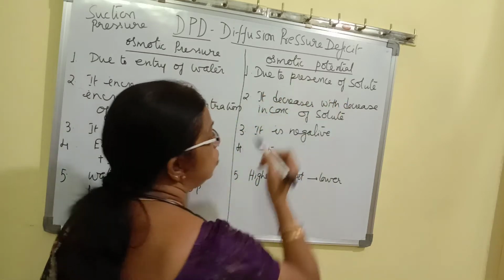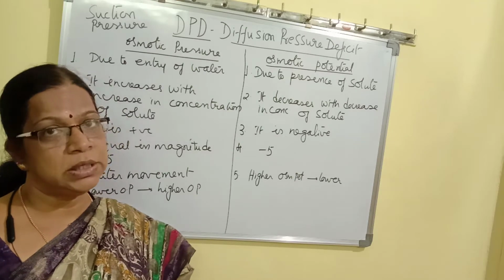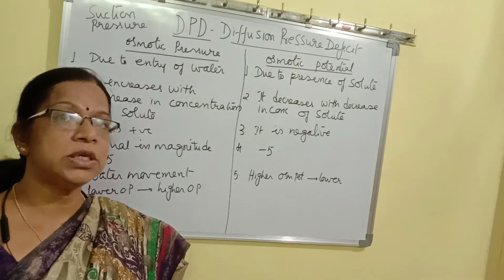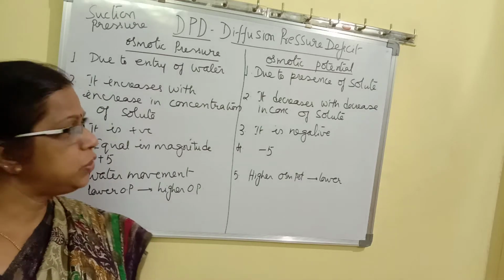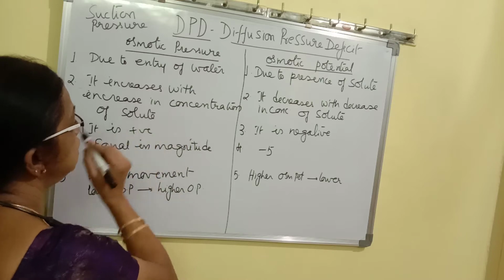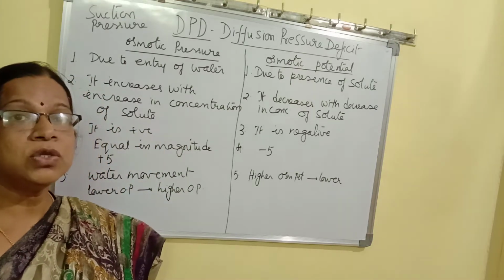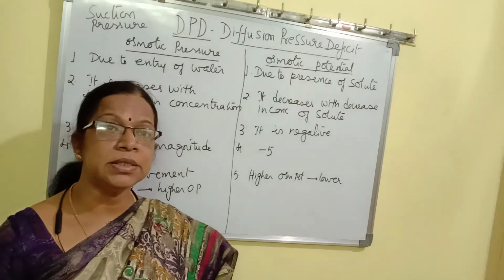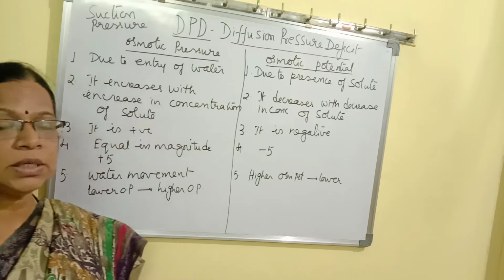Osmotic potential is due to the presence of solute. When solute particles are present, that changes the concentration of the solution, and we call it osmotic potential. As we increase the concentration, osmotic potential also increases, so it is directly proportional to concentration.